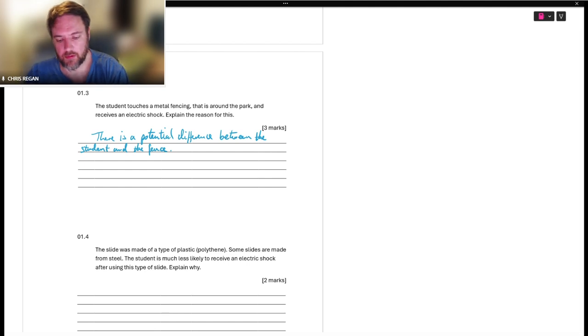Okay, so that's our first mark. Now remember, potential difference, that's measured in volts, often called voltage. And really what that's talking about is there's a difference in charge between the 2 things.